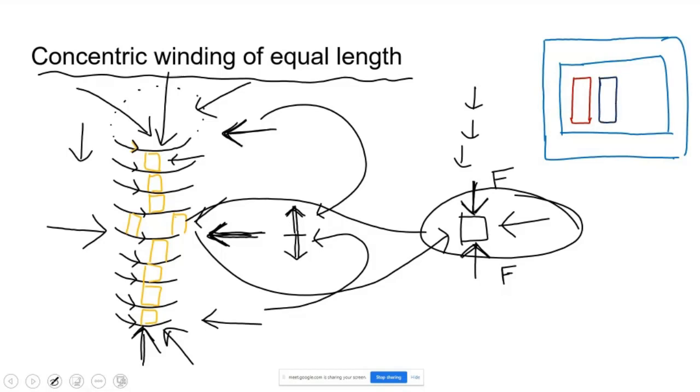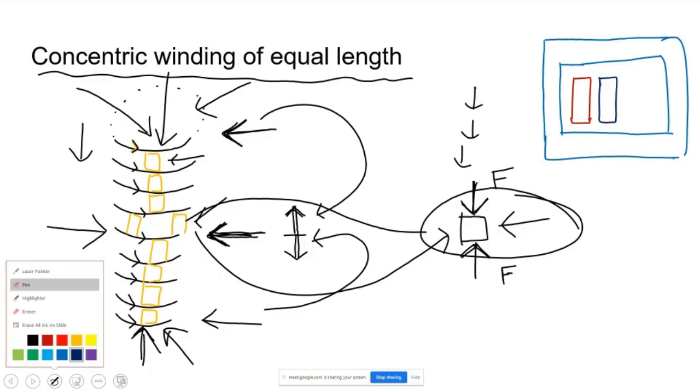These windings are of equal height in this case. Now two cross sections are given here. Now how should I indicate the forces on these? In which direction should I indicate?